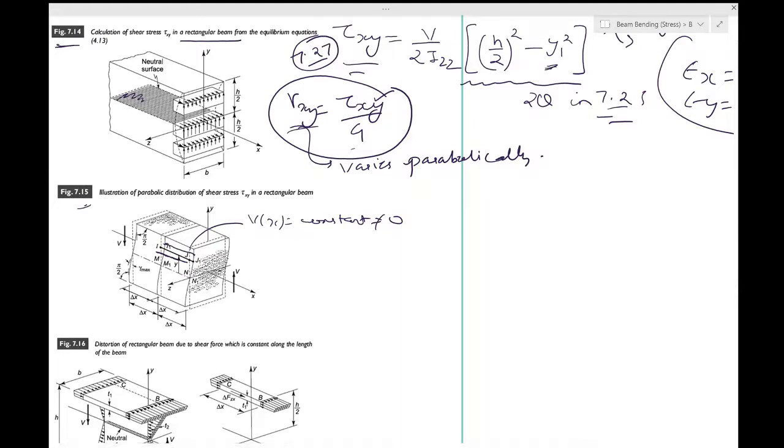Every time I say V of x is equal to constant, it's clearly independent of x but not 0. The reason for that is quite simple. This particular point has deformed by a certain value, and that value clearly depends on the height, because you substitute this into this, so it varies on the height, not on x.